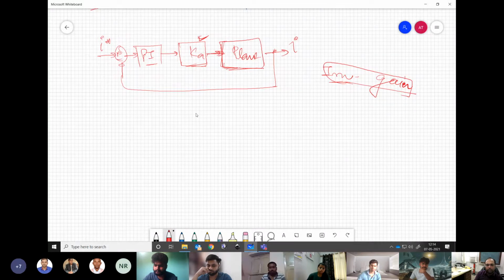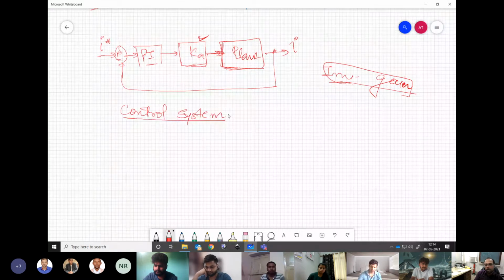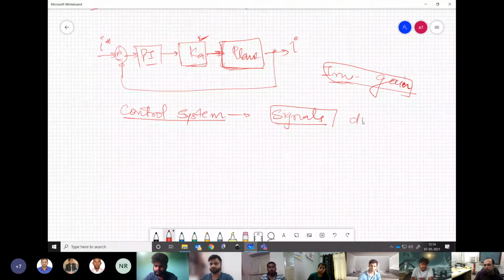That is partially correct. The meaning is, let us say, when we talk from control system point of view. So from control system point of view, we have signals flowing everywhere, when we are designing our block diagram, designing our controller. So these are all signals measured, let us say, in dB or their respective values, whatever.